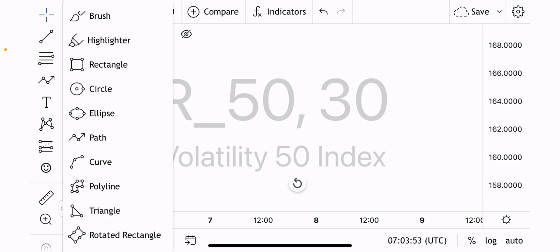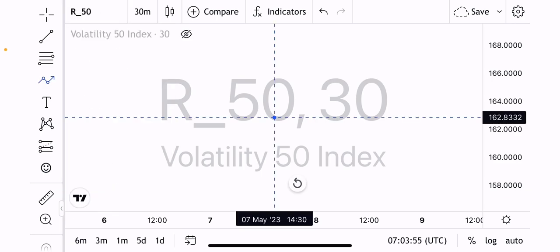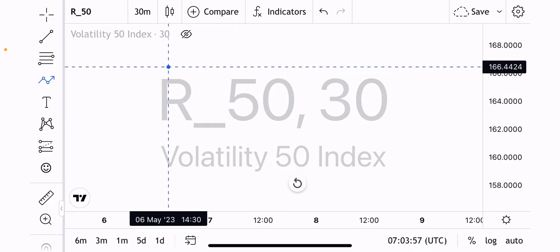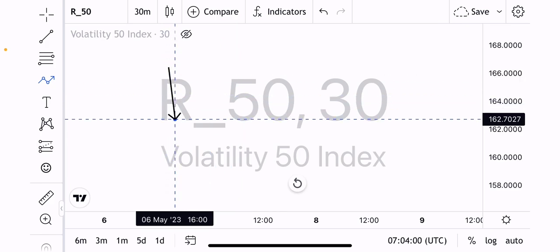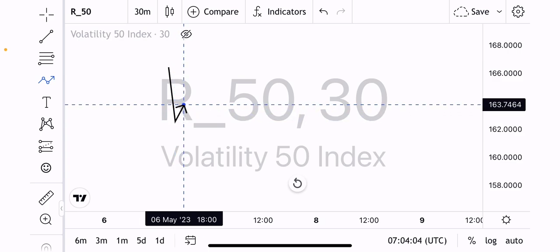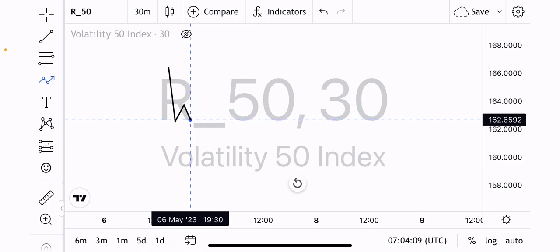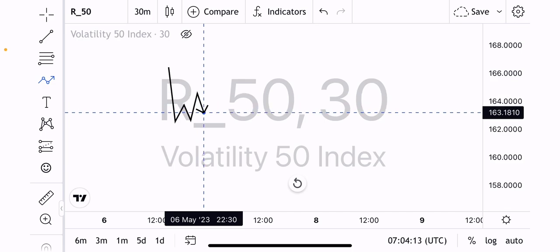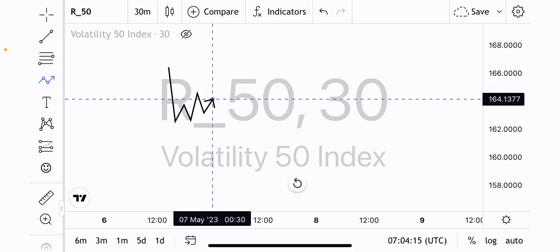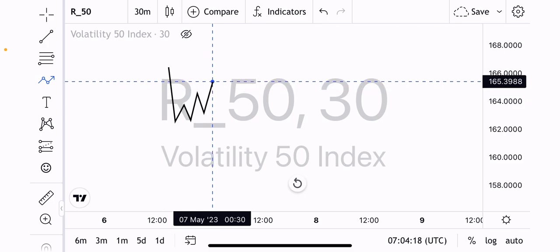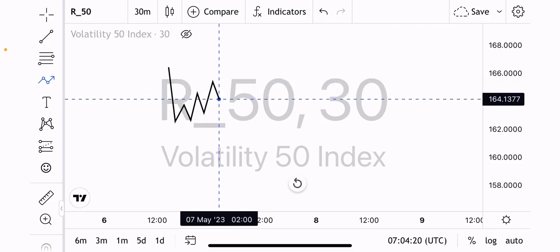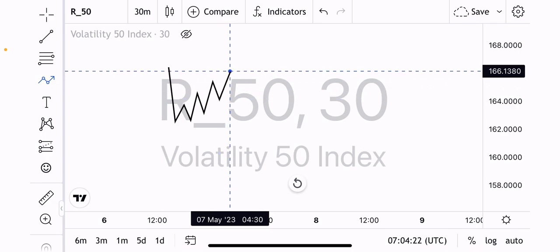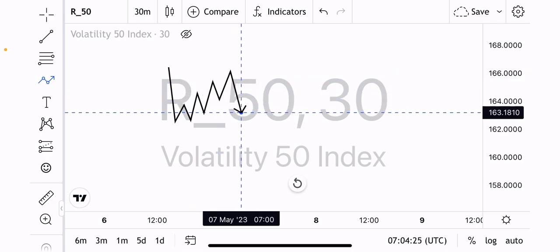So let's assume we are in a downtrend. Okay, let's use a downtrend as an example. So this is a downtrend. You will have structures like this when we are retracing back.